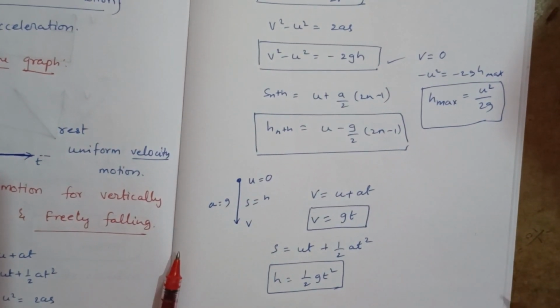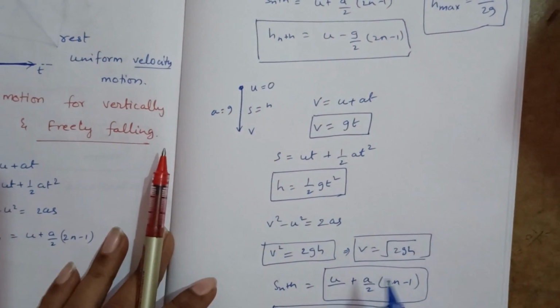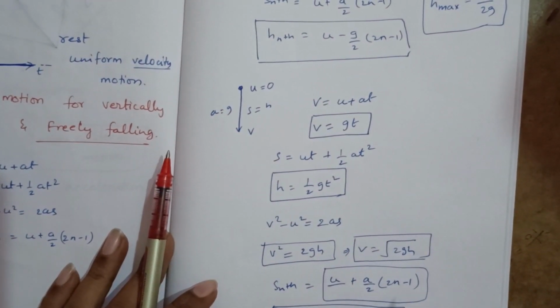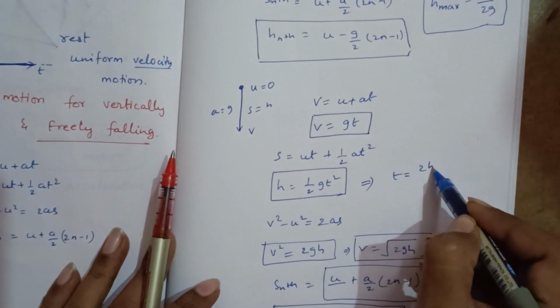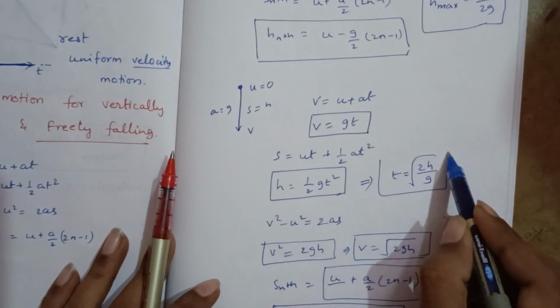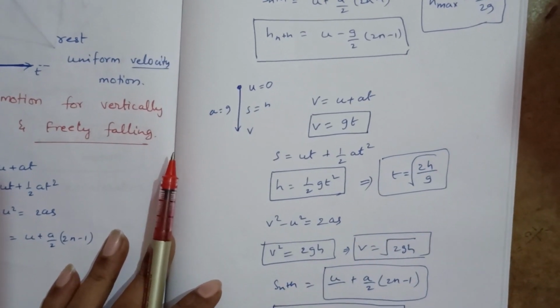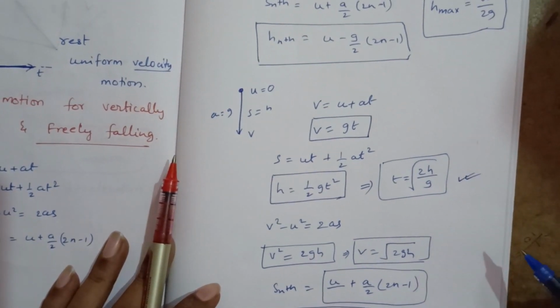Like this we can use these formulas in different situations. What is the time of a freely falling body if it is released from a certain height? So t equal to the square root of 2h by g. By using the first four equations we can derive many formulas depending on the situation.